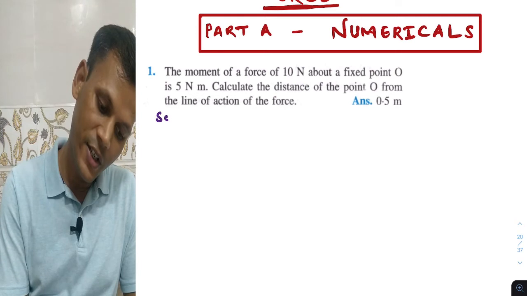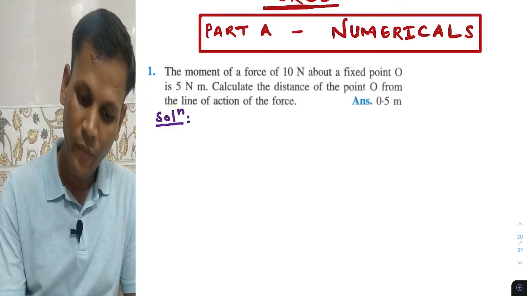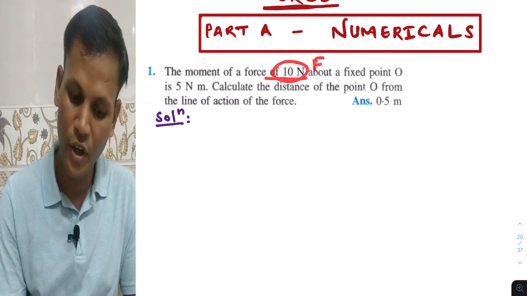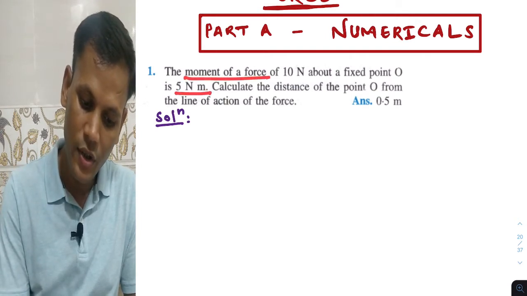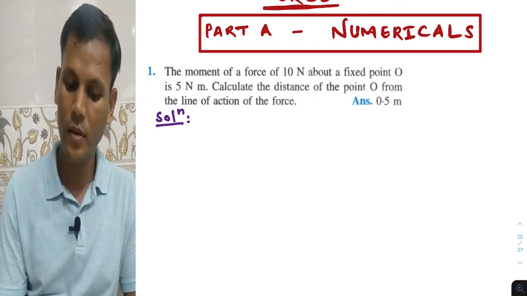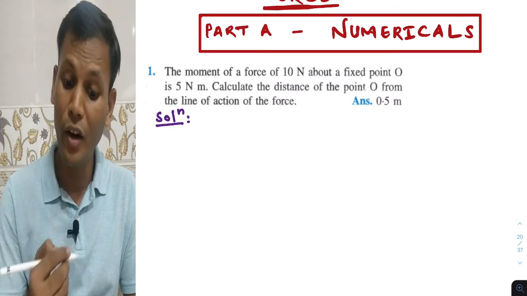We can write its solution. Force is 10 Newton, so F is 10 Newton. And moment of force is torque, so tau is given. We have to calculate the distance of the point O from the line of action.